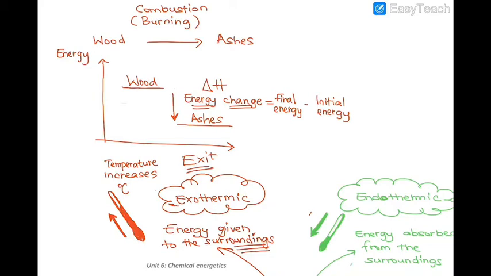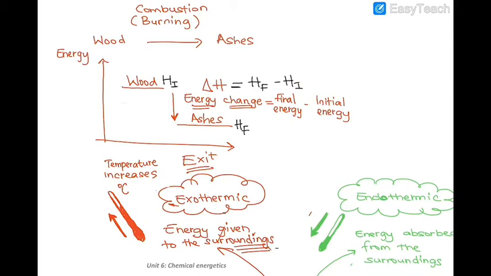Now the final energy is going to be H final, or HF, and the initial energy is going to be H initial, or HI. So delta H can be given as H final minus H initial.